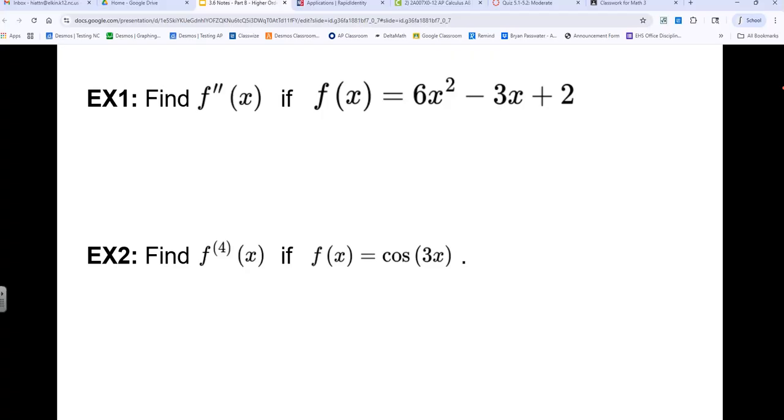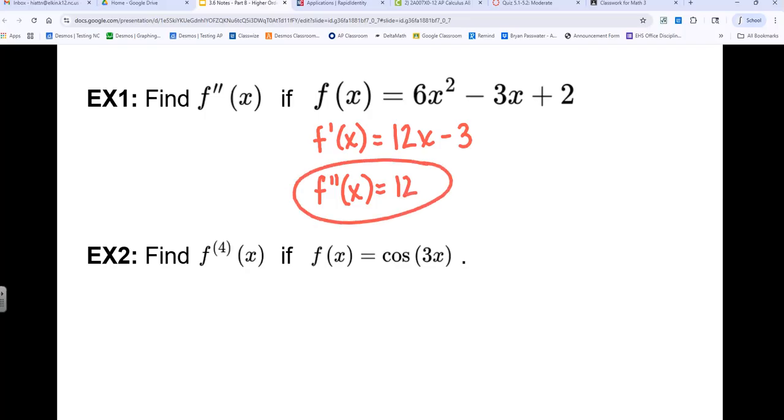Label it, because one of the points is going to be for that first derivative. And if you don't write it down because you did the whole thing in your head, you're going to miss that point, right? So write it down like that, right? First derivative is 12x minus 3. So what is my second derivative? 12. That's it. There's your answer.